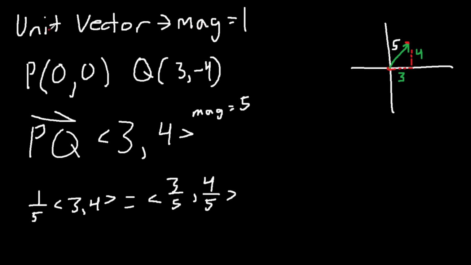And as a result, the unit vector's magnitude, by definition, is 1. So let's go ahead and show this real quick. Let's use the Pythagorean theorem on this new vector, which will look something like this. It still has the same direction. Unit vectors have the same direction as their original vector, so it'll still point the same way, but the magnitude will just be 1.